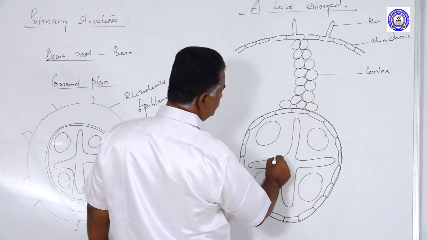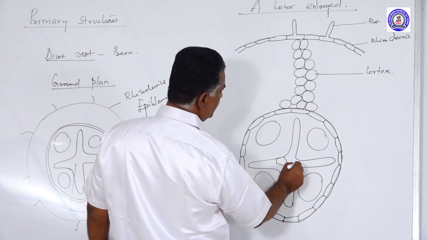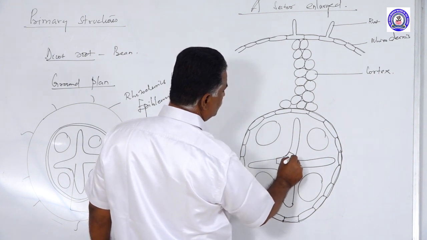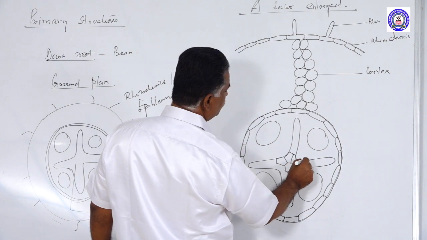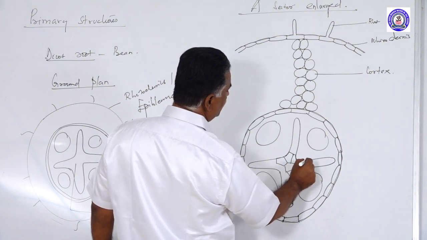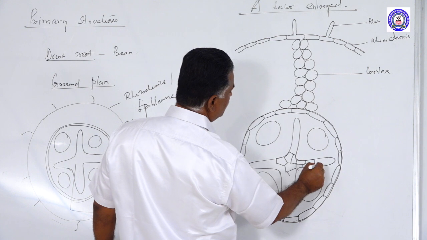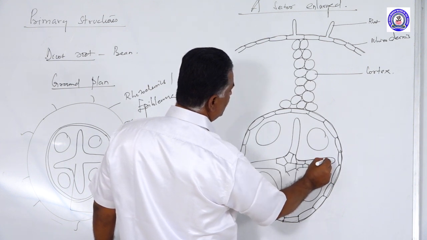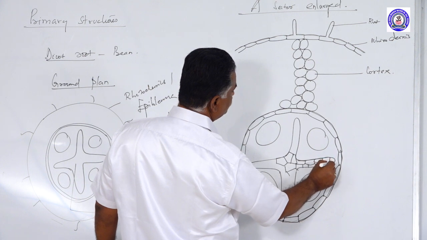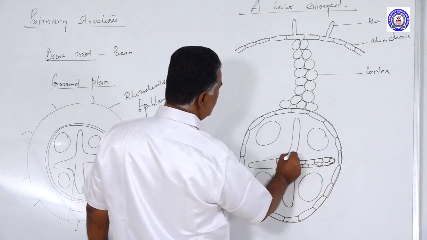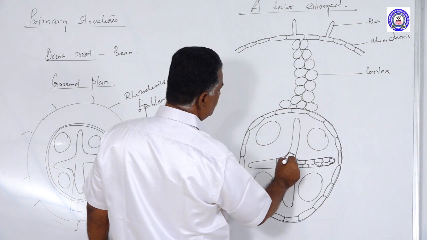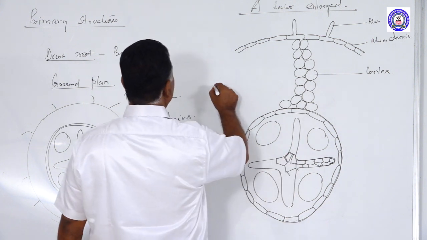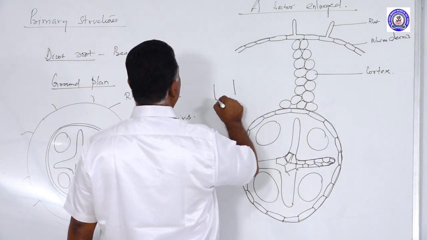You see xylem at the center, metaxylem, towards the periphery, protoxylem. See, we already talked about the tissues, different types of tissues, protoxylem and metaxylem. See, these are 2 layered. See, in general, xylem should be drawn in this way.